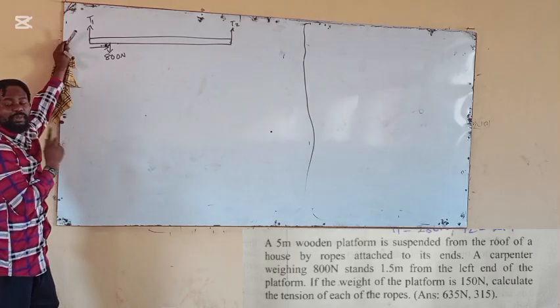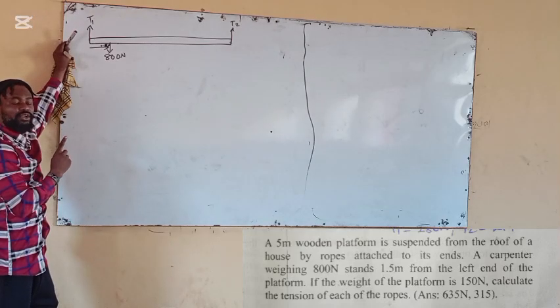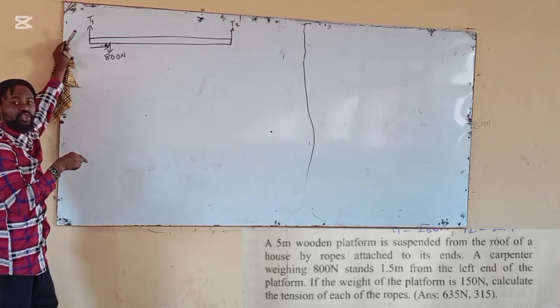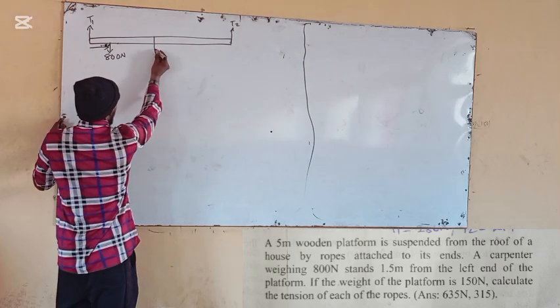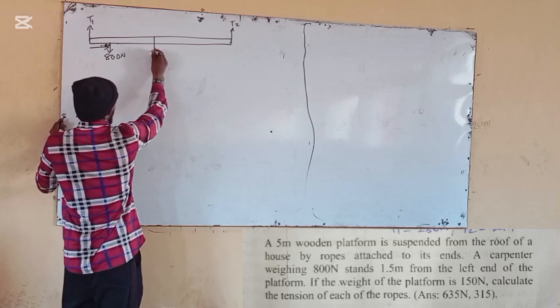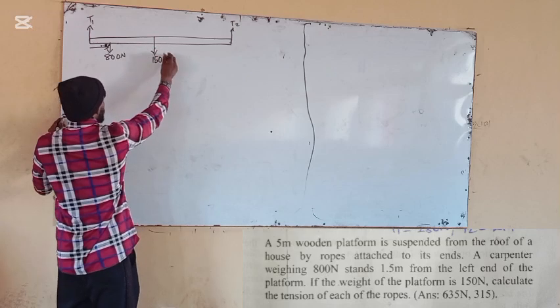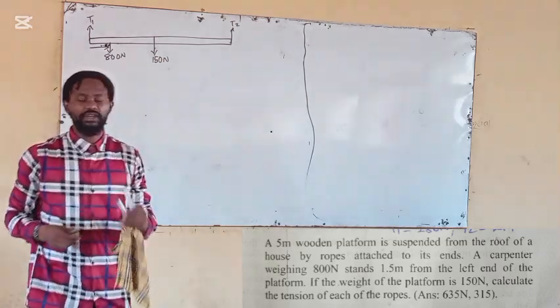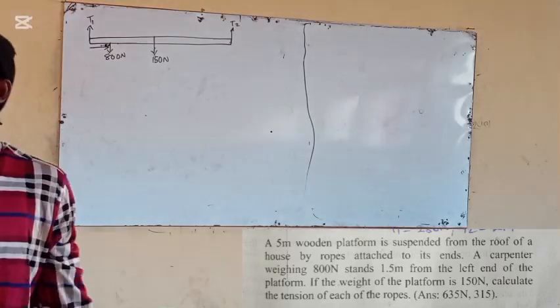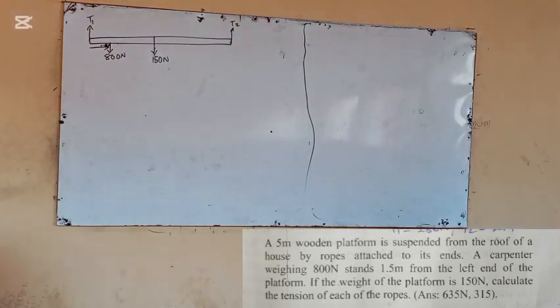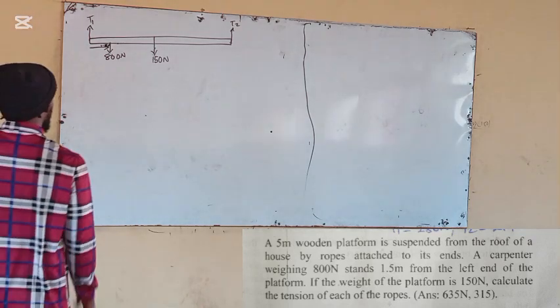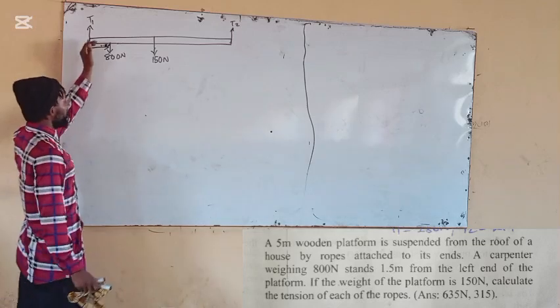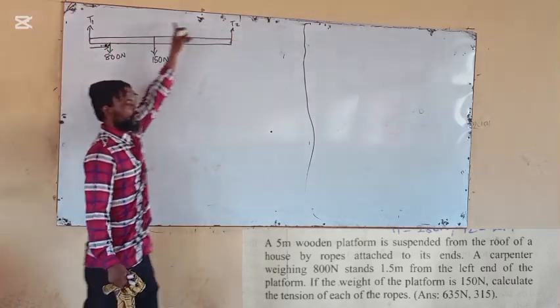If the weight of the platform is 150 Newton, and you know that we said something about the center of gravity acting towards the center, is it not true? So that means I can take it that in between this we have our 150 Newton. Remember that everything here is 5 meters.